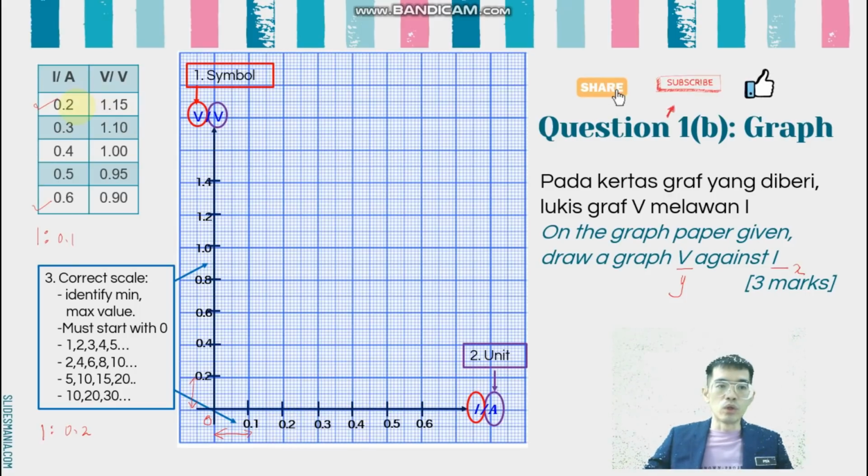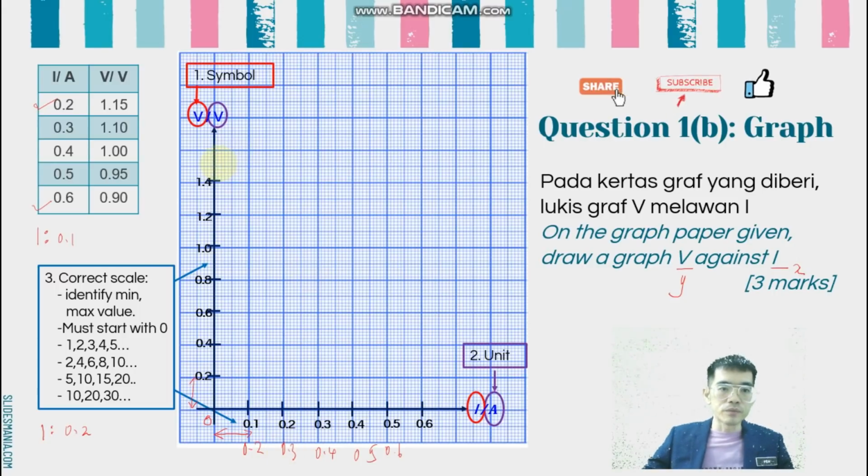Your reading starts with 0.2, but you cannot give your scale starting with 0.2 and then 0.3, 0.4, 0.5 or 0.6 like this. Because the first 10 columns equal 0.2 and consequently the next will be 0.1. So this is considered as not a consistent scale. The mark will be deducted if you give a scale that is not consistent.